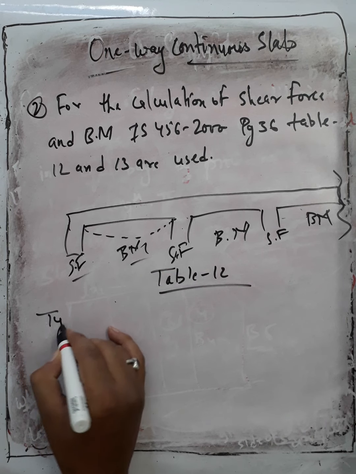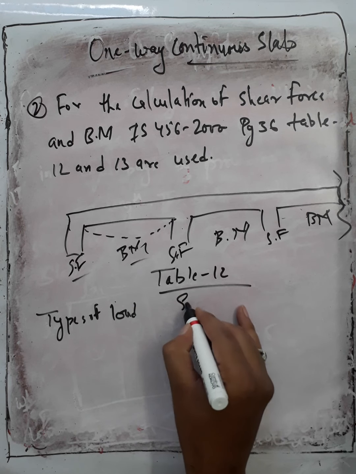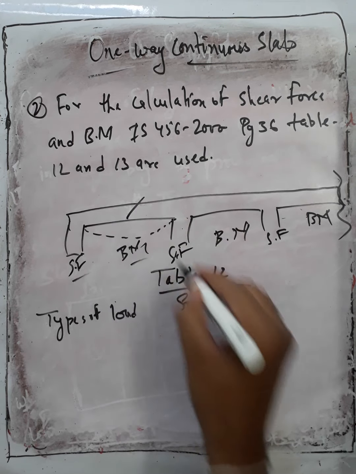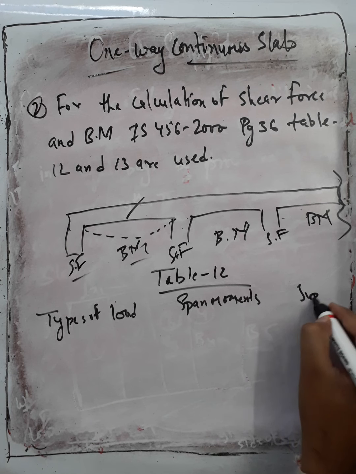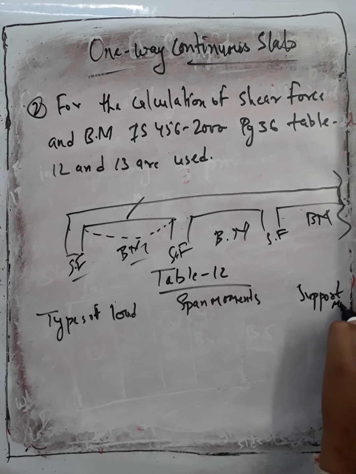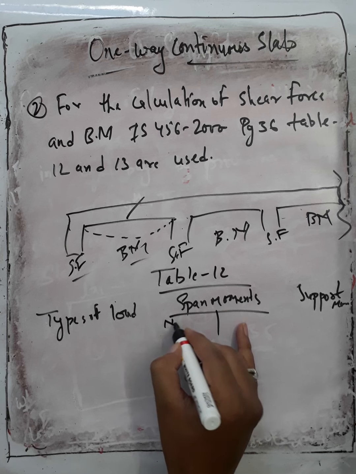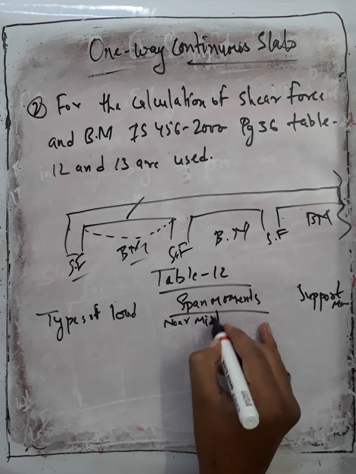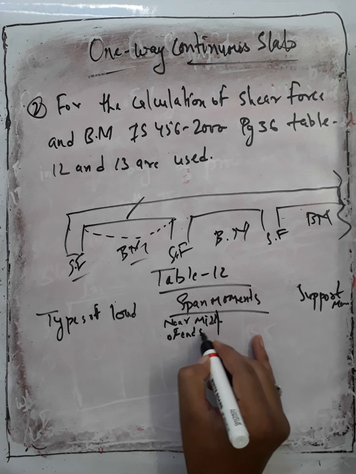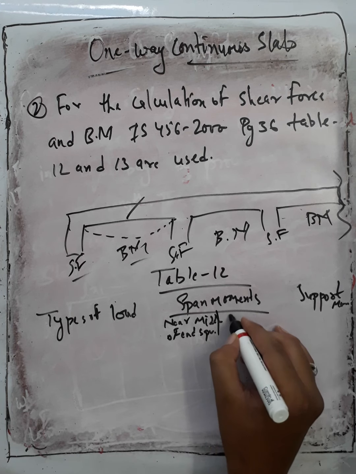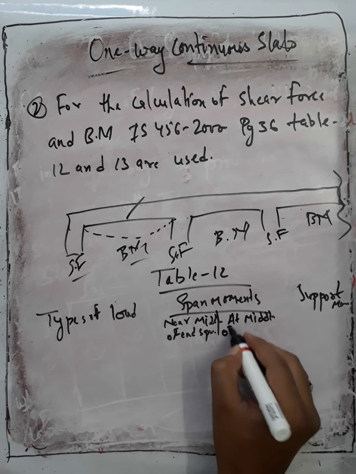Here we have the types of load. Here we have span moment, this one is the span, so span moments, and support moment. In span moment they divided two parts: near middle of end span, and at middle of interior span.